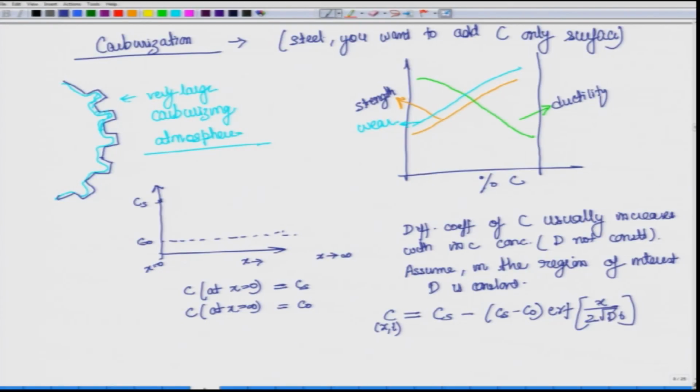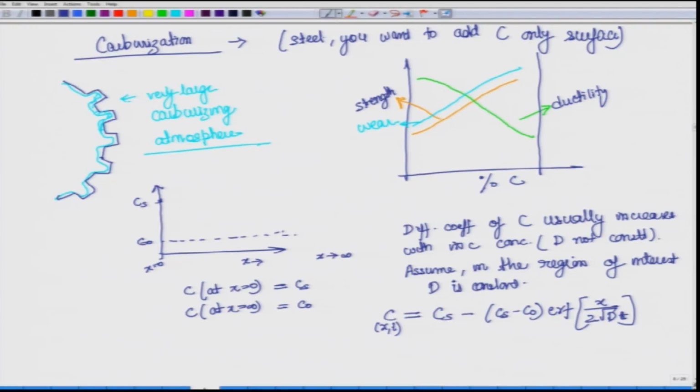So, this is x, meaning how far you are looking at. This is t, how much time later you are looking at. D is the diffusivity coefficient, which we have assumed to be constant. So, this is the solution of the equation when we use Fick's first and second law.